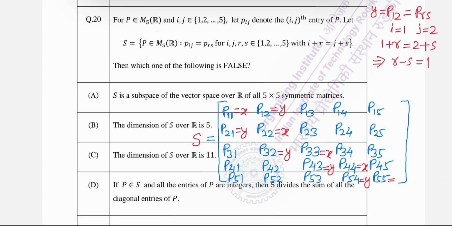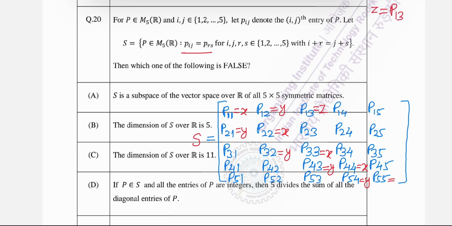Okay, now we go for the third entry. I now erase this. This time suppose this equals some other letter Z. So Z equals P13, and if you impose the first condition, then this will equal P_RS.